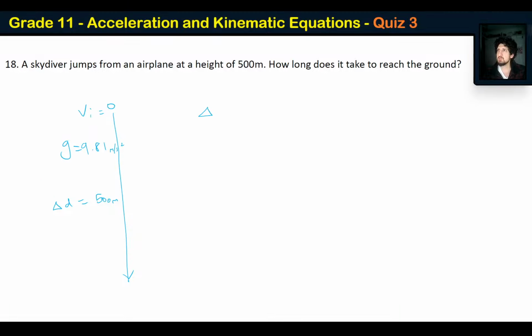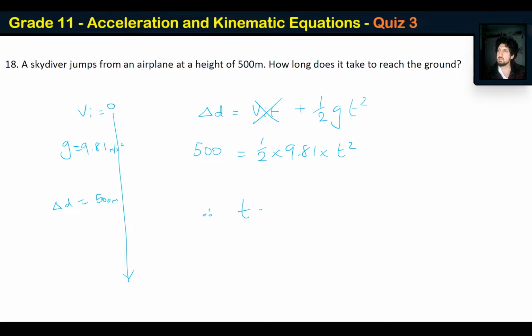So what we can use are these things here. Once again, we'll do delta D is equivalent to VIT, which cancels out because VI equals 0, plus half GT squared, or half AT squared. And so 500 is equivalent to half times 9.81 times T squared.